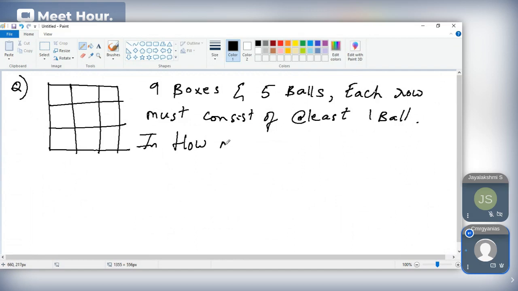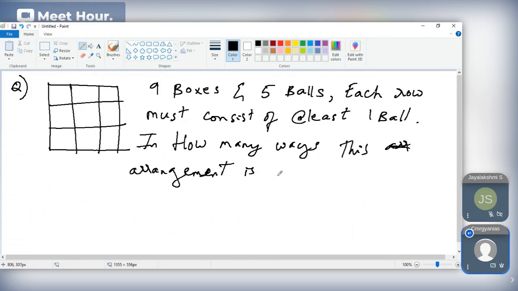In how many ways this arrangement is possible. So this one you try it separately.